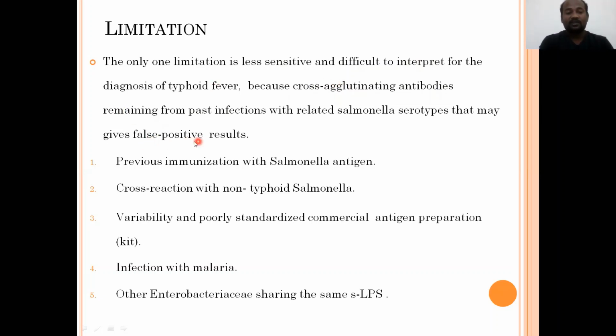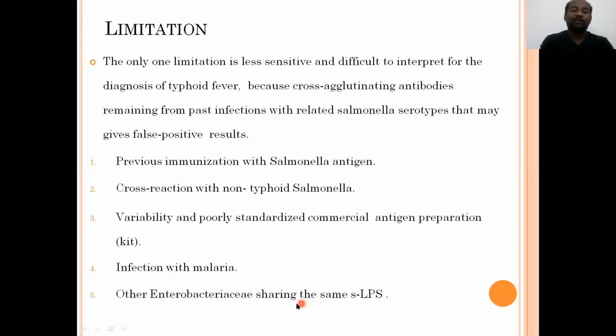False positive results may also be due to previous immunization with Salmonella antigen or other non-typhoid Salmonella, or a substandard test kit due to substandard production, or it may be with a malaria infection or with other Enterobacteriaceae having the same surface antigen of lipopolysaccharides.